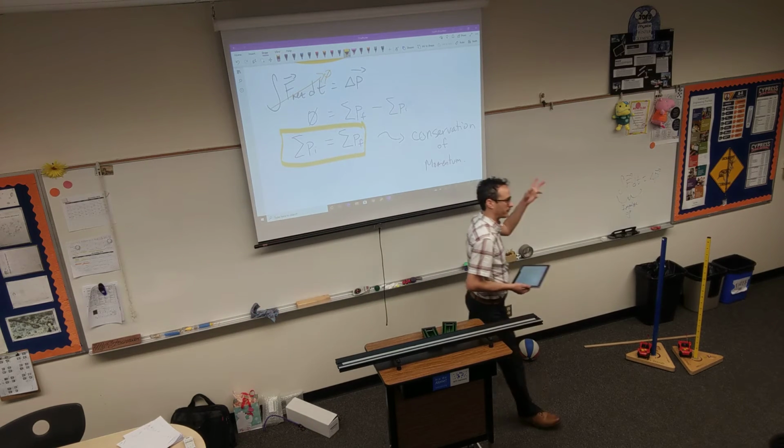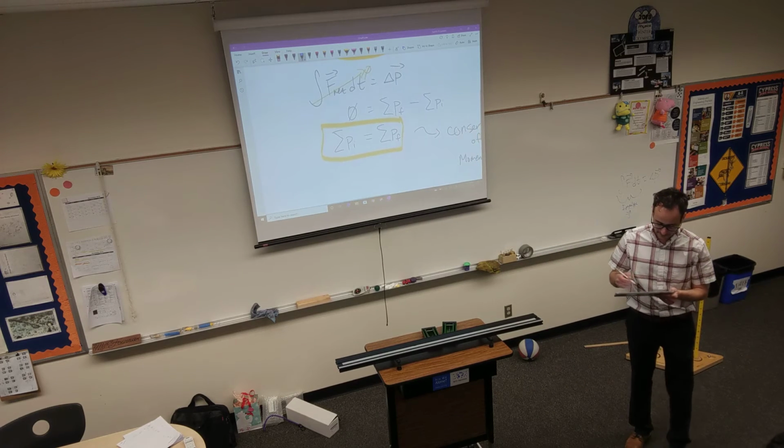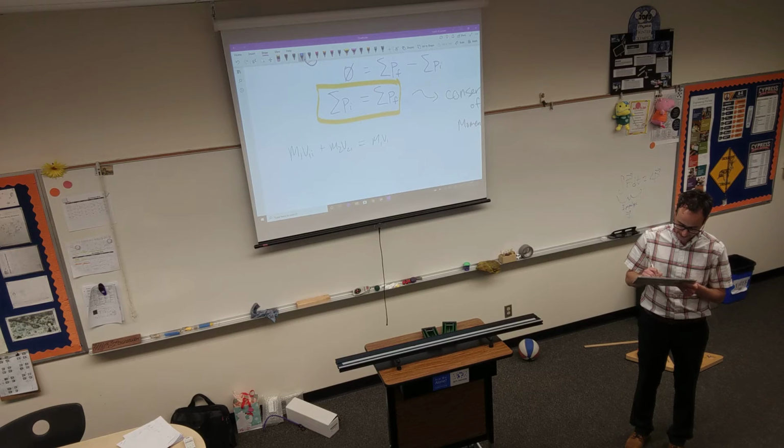You've got two objects, so we could write it as momentum 1 plus momentum 2: m1 v1 initial plus m2 v2 initial equals m1 v1 final plus m2 v2 final.